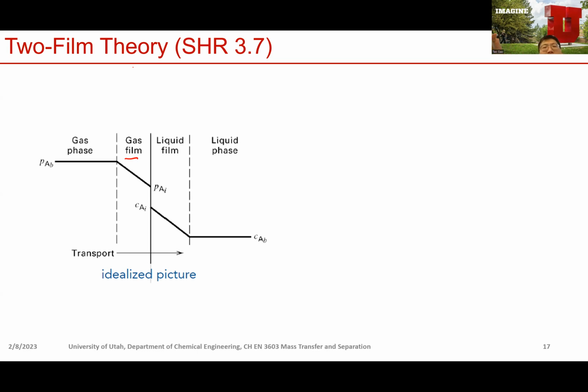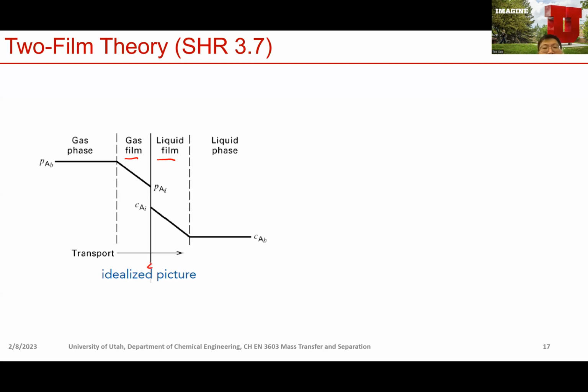For a gas-liquid system, we're going to have a gas film in the gas phase and a liquid film in the liquid phase. In the films, there will be a concentration or partial pressure gradient, so you have mass transfer happening due to molecular diffusion.